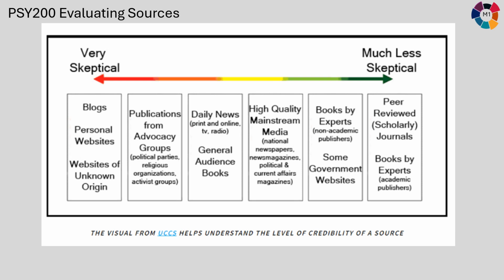Then we go a little further to the right. When we say high quality mainstream media, quality is relative, right? That's a joke, kind of. In our mainstream media today, we know there are some national newspapers, news magazines, and other current affairs magazines that are well sourced. For example, you could use Time magazine as a resource as long as it's not an opinion piece.